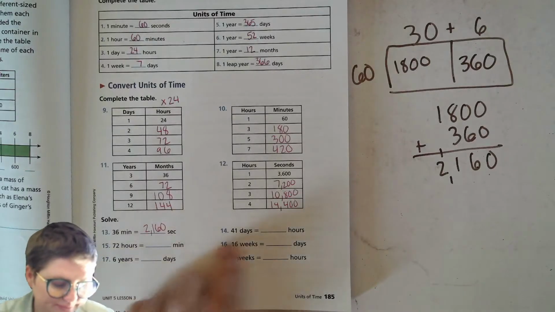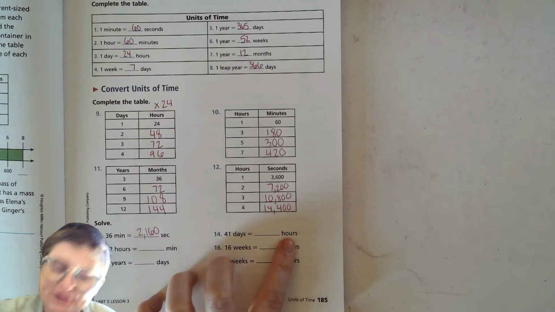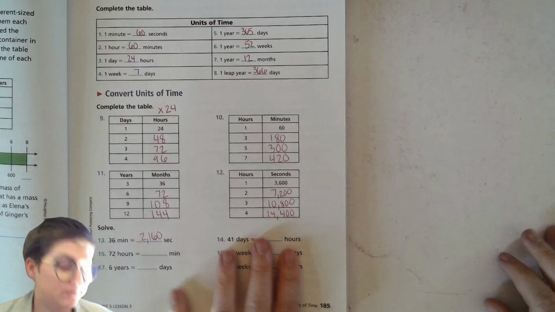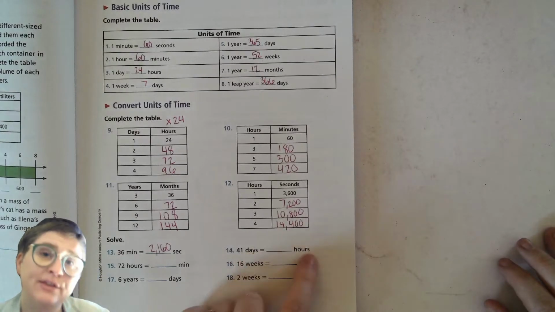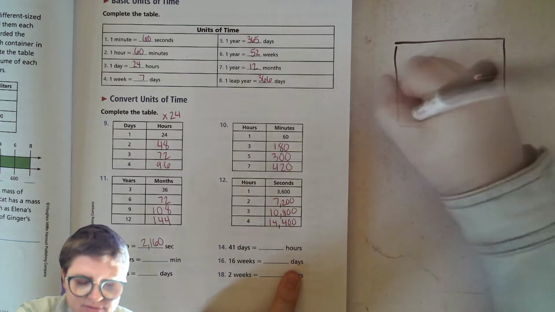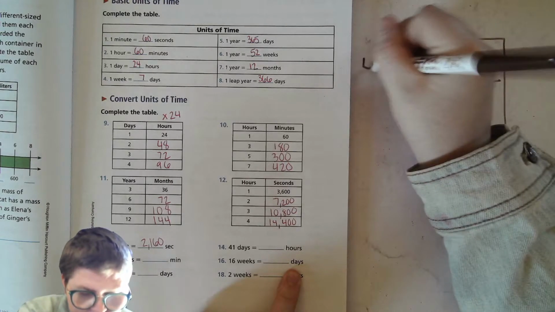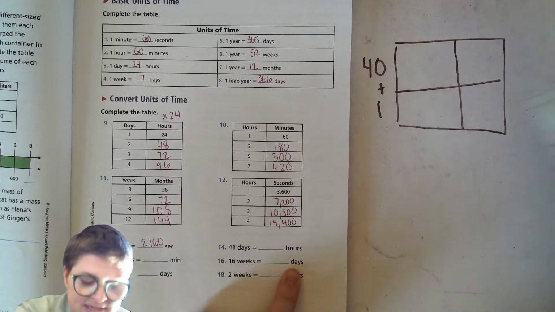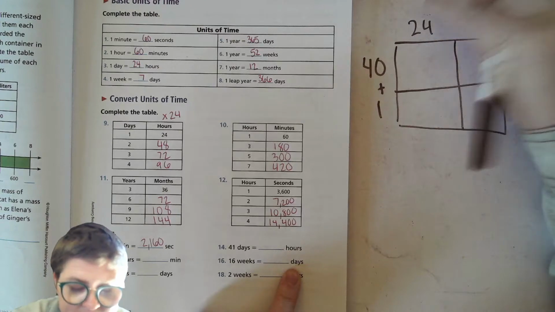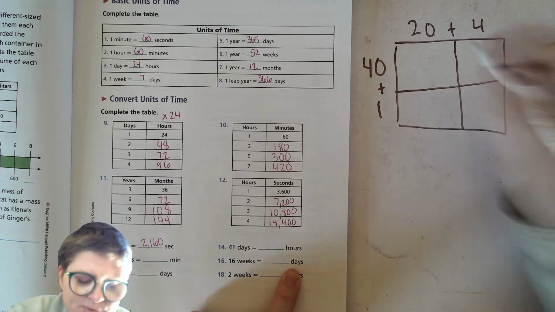Okay. 41 days into hours. How do you go from days to hours? What's the rule? In one day, there are 24 hours. So we're going to have 41 times 24. Oopsie. 20 plus 4. 20 times 40.